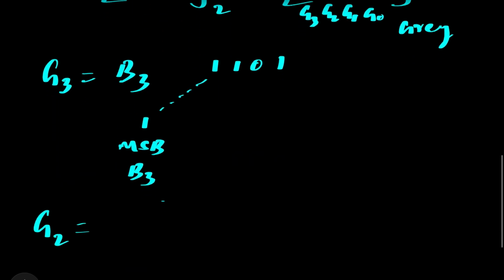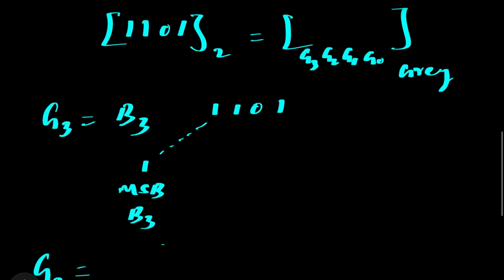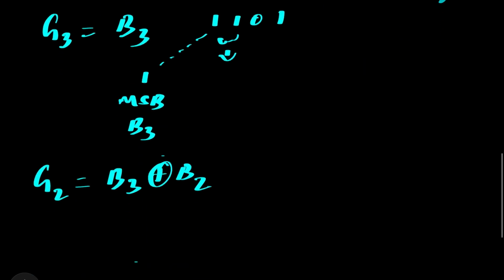2. For that we have to do an XOR operation, that is B3 XOR B2. Then for gray code 1, we'll be doing an XOR operation between B2 XOR B1.